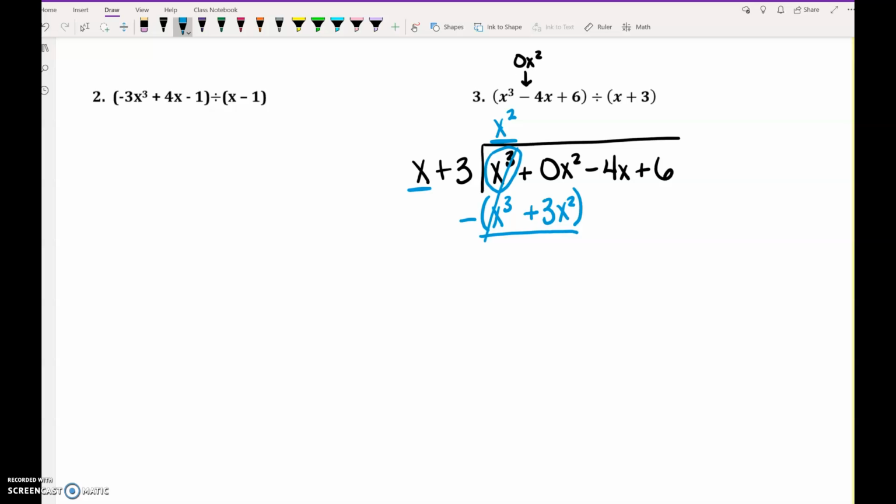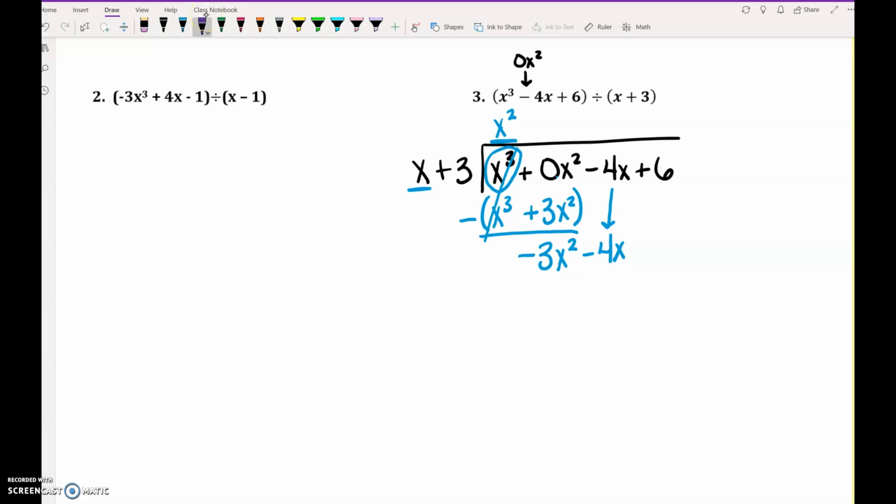If it doesn't cancel, you did something wrong. 0x squared minus 3x squared. What's 0 minus 3? Negative 3x squared. And then we bring down the minus 4x. We've completed our first cycle. Now we'll go back and do the next cycle.